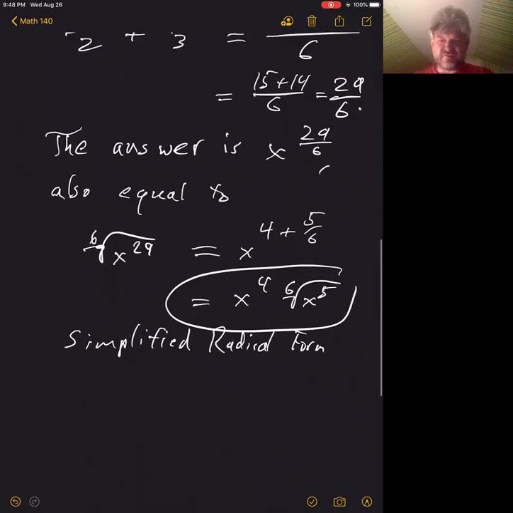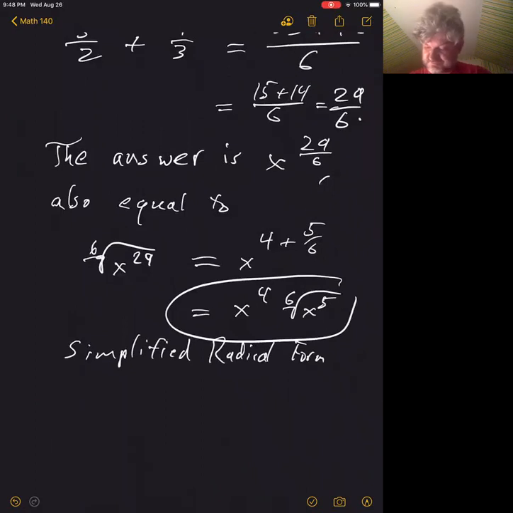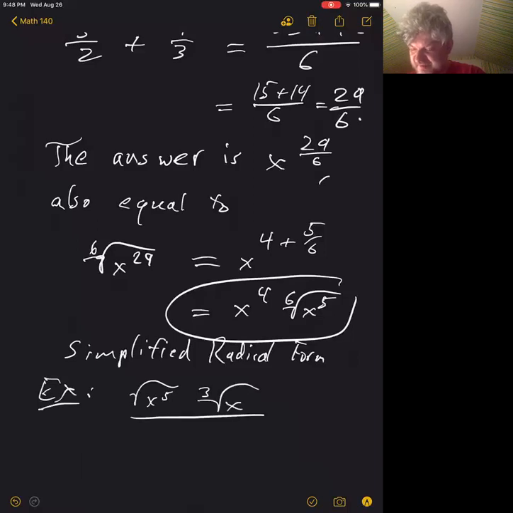Okay, let's do an example with a quotient. I've got one: square root of x to the 5th times cube root of x divided by the square root of x cubed.